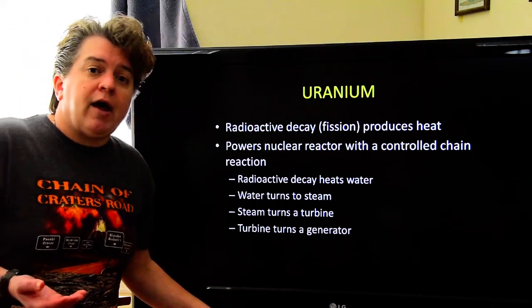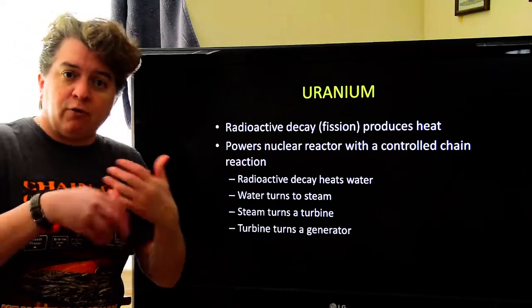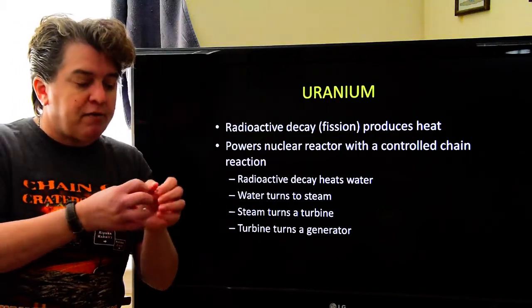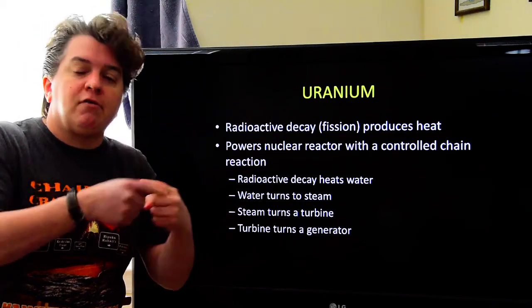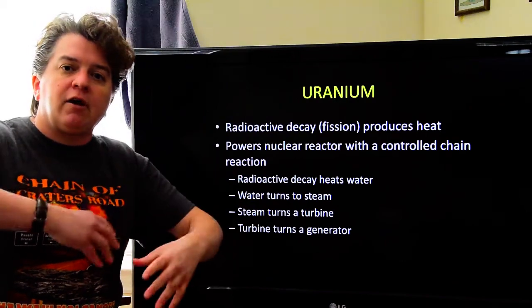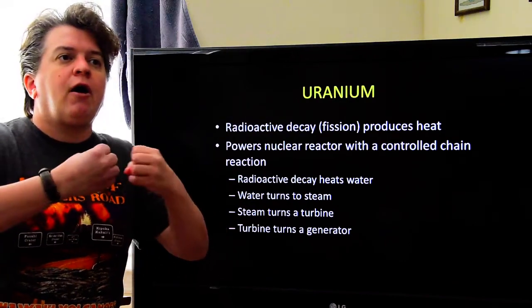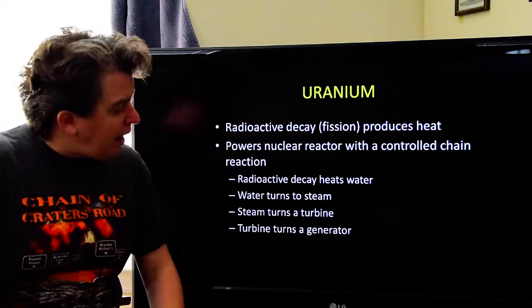In a nuclear reactor, we have what's called a controlled chain reaction, a controlled fission reaction, where the fission of one atom causes the fission of another atom, which causes the fission of another atom. So there's this constant release of heat energy in the nuclear reactor.